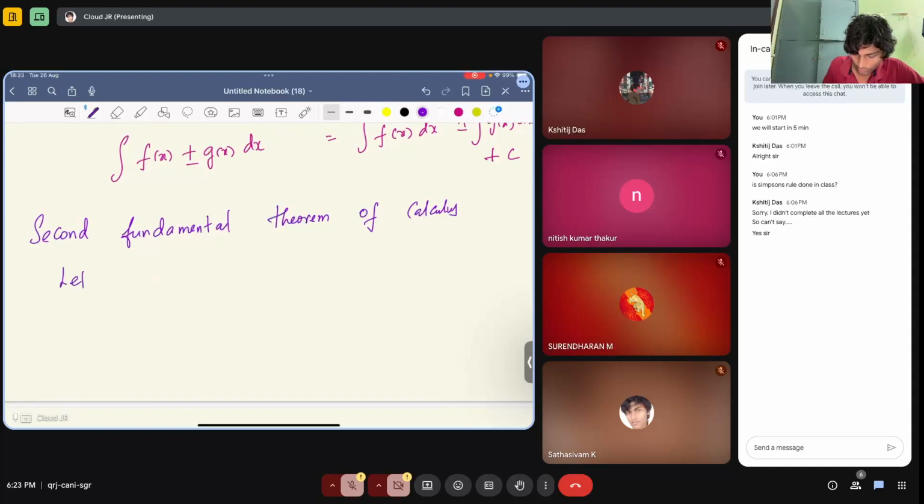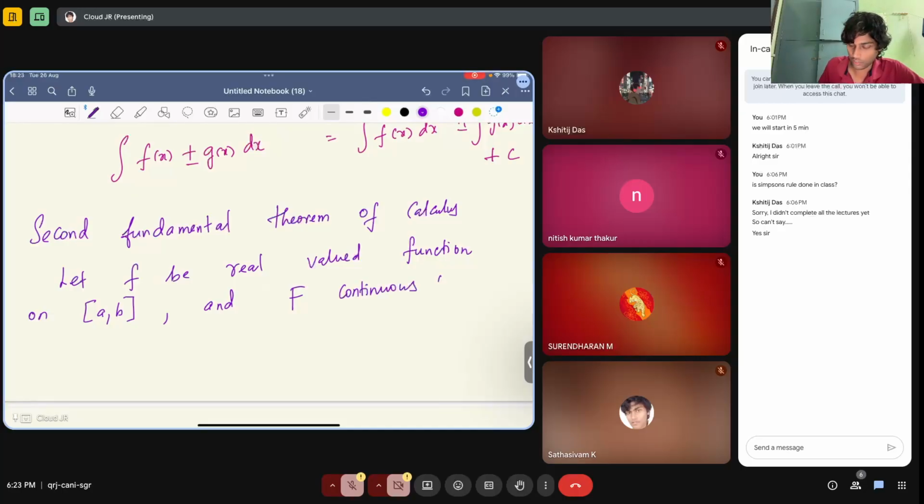It says that if you have a real valued function f on, let's say, a closed interval [a, b], and you have this capital F, which is continuous on the closed interval [a, b], and also is an antiderivative of f in the open interval (a, b).